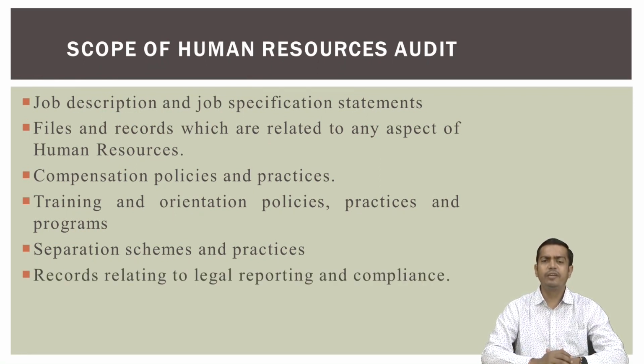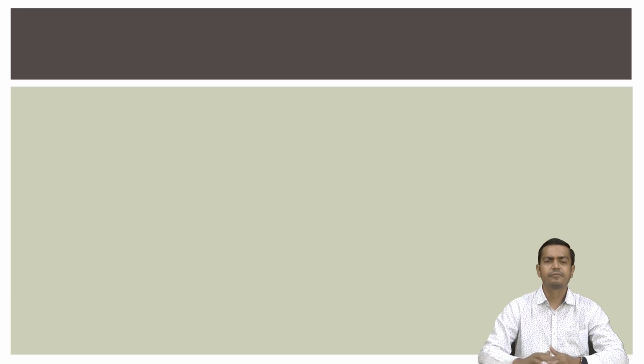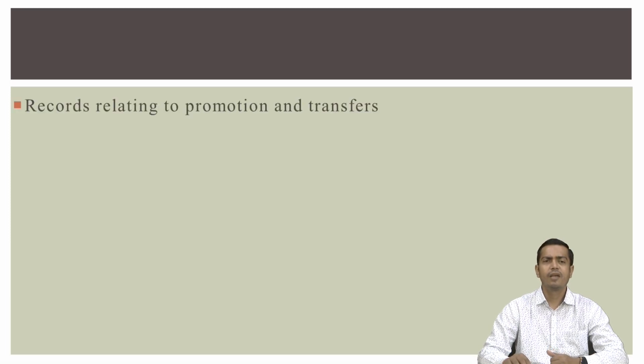Records relating to legal reporting and compliance. Whenever you have done something on the legal part, how it is to be reported and under which norms it has been reported. Records related to promotions and transfers over a period of time.